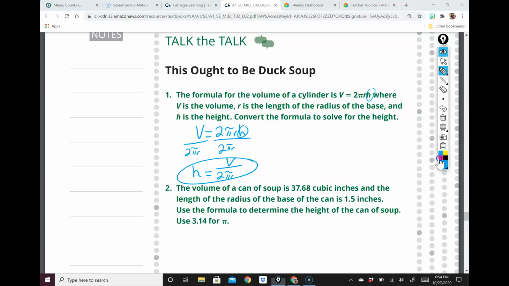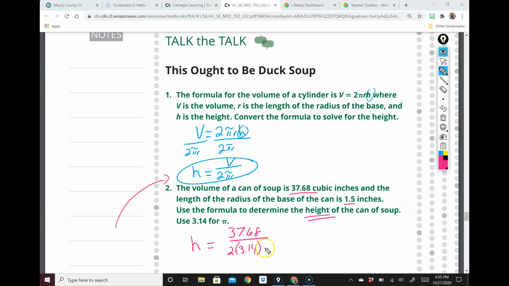Number 2, the volume of a can of soup is 37.68 cubic inches, and the length of the radius of the base is 1.5 inches. Use the formula to determine the height. So if we use that formula right there, the height is your volume, which is 37.68, divided by 2 times pi, 3.14, and honestly, I would just use your pi button.